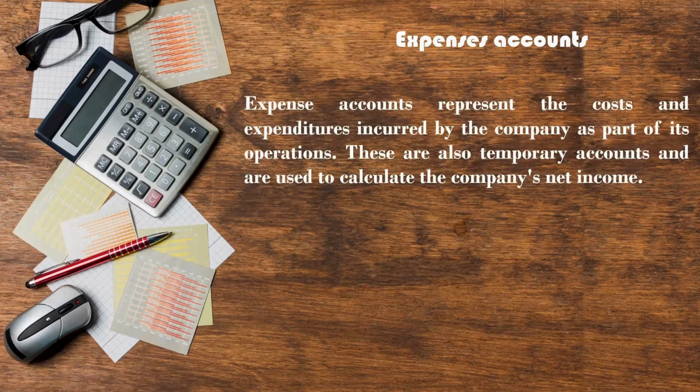Expenses account represents the costs and expenditures incurred by the company as part of its operations. Whenever operations are going on, we will definitely have expenses. These are also temporary accounts and are used to calculate the company's net income. If you have more sales, you should have expenses to decrease the profit. Otherwise, we need to pay taxes to the government.